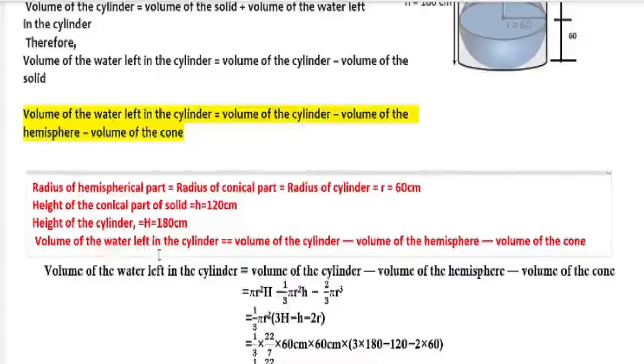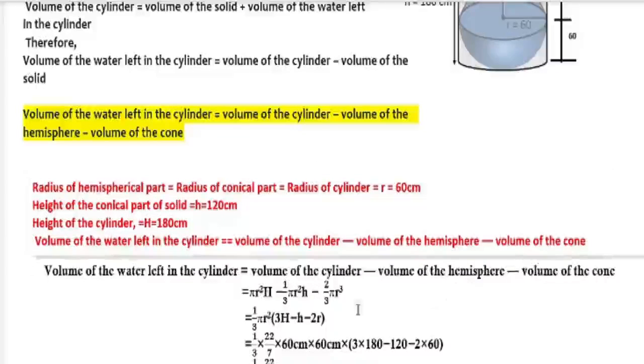So volume of the water left in the cylinder is equal to volume of the cylinder minus volume of the hemisphere minus volume of cone. Here we can substitute the formulas first. Volume of cylinder is pi r square H, volume of hemisphere is 2 by 3 pi r cube, and volume of the cone is 1 by 3 pi r square h. Substitute these formulas, then simplify it.